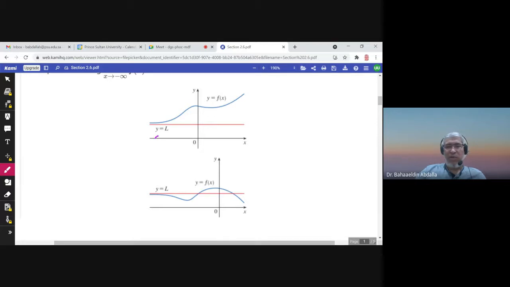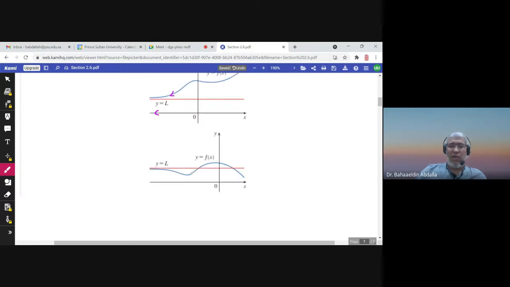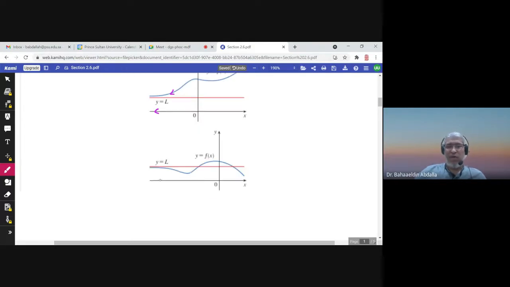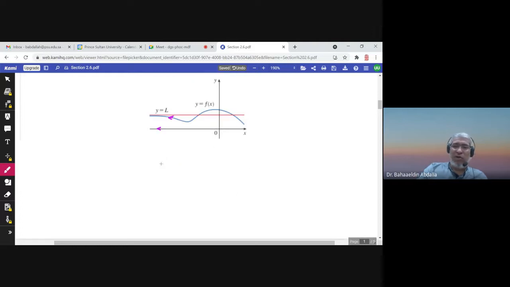X now goes in this direction, x goes to negative infinity, and the graph is approaching the line y equals L. Also here, as x approaches negative infinity, the function is rising and approaching the line y equals capital L.